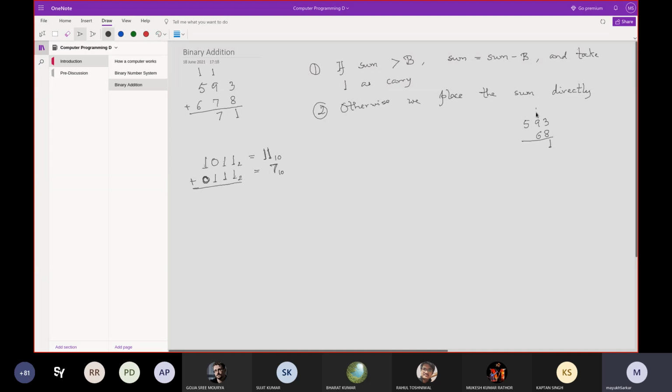Don't you consider a 0 here, and you do the sum as 6 here? We always consider a 0 for the smaller numbers, right? The same thing has been done here. Eventually you are doing the addition for 1011 and 111. Just to make them of equal number of digits, I have placed a 0 here.